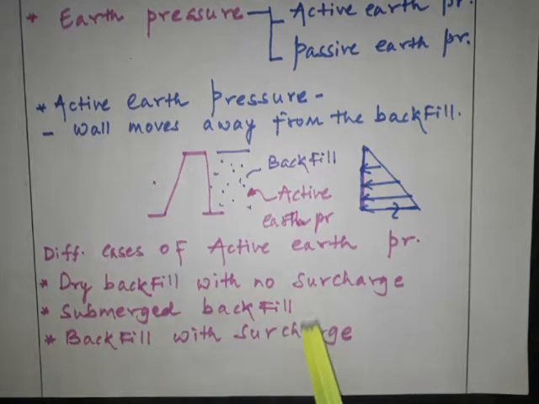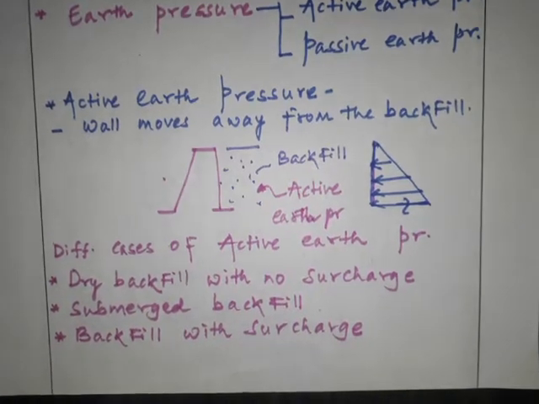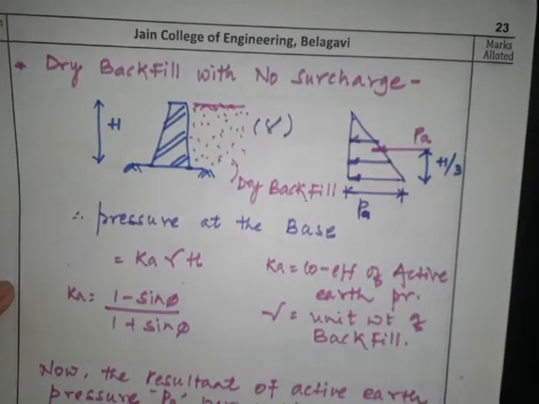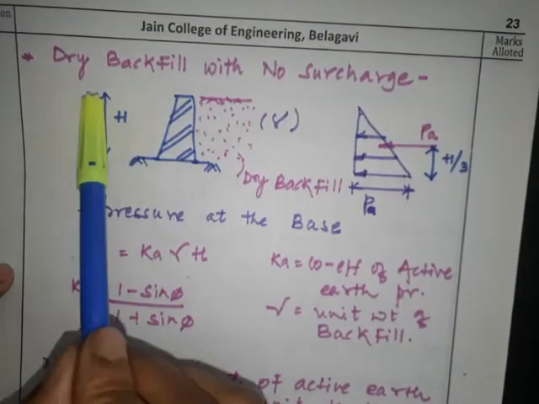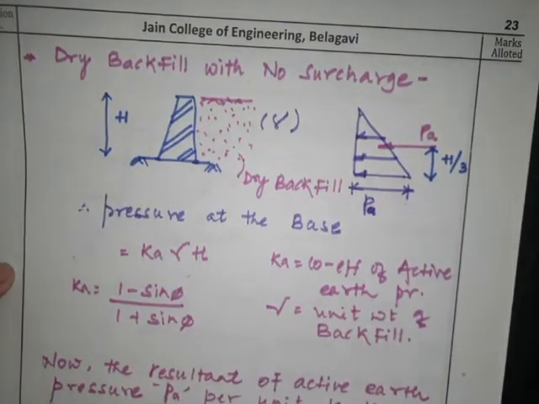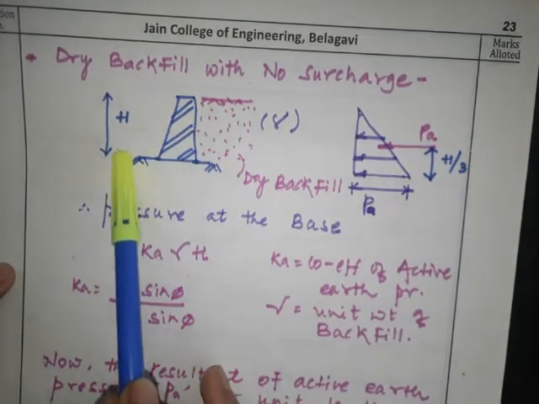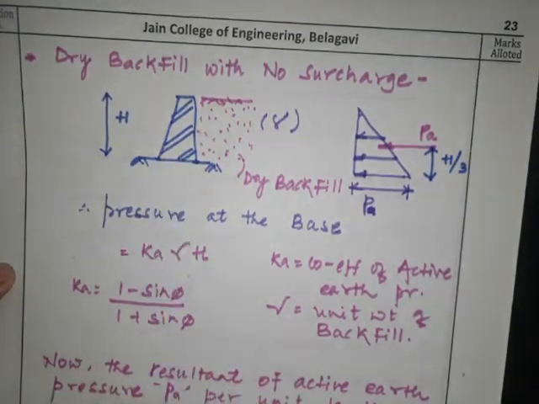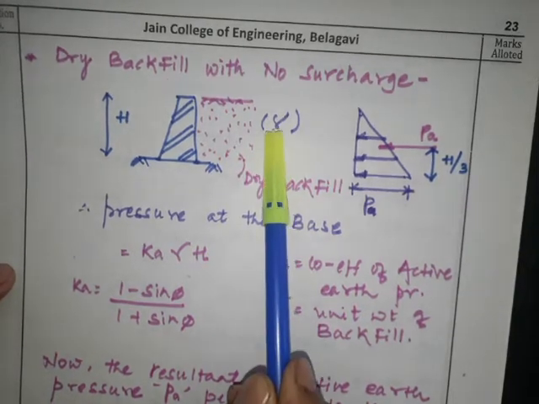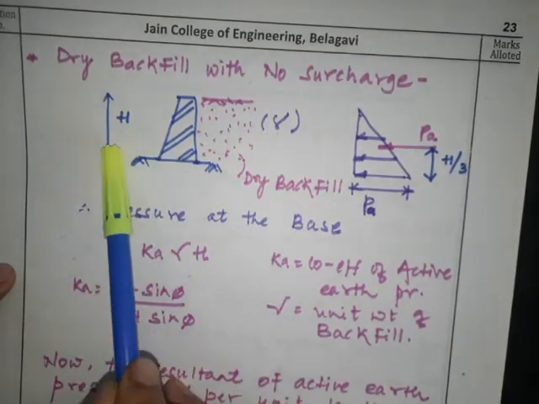The first condition we discussed in the last session was dry backfill with no surcharge. Consider a vertical retaining wall with backfill of density gamma and height h.